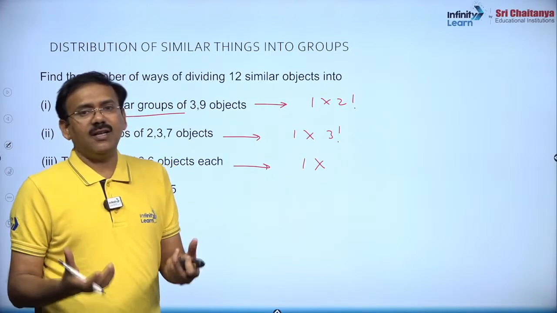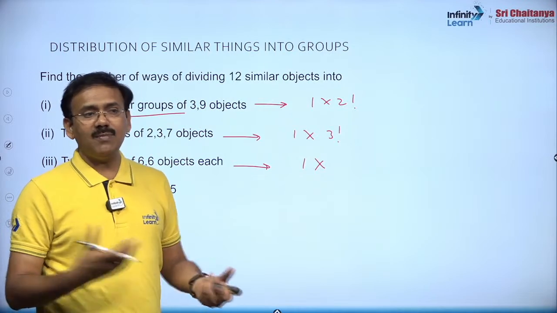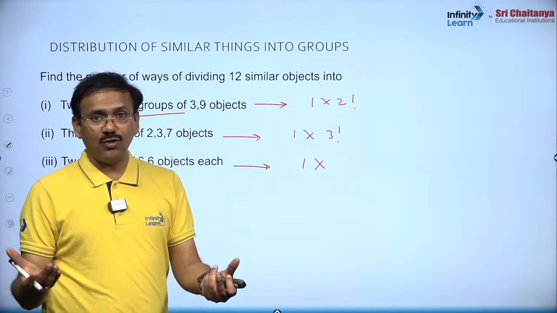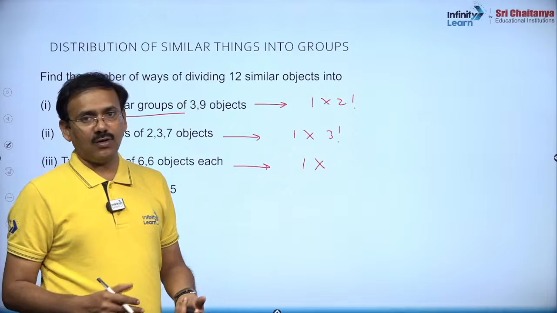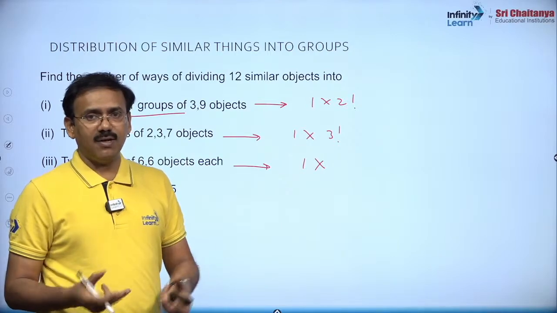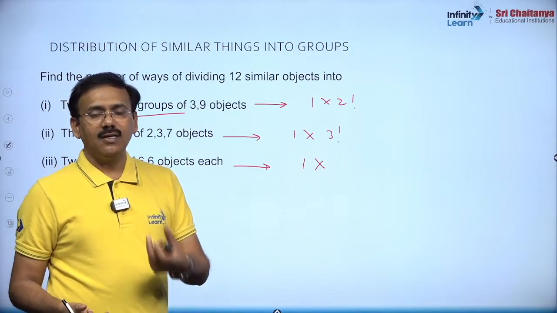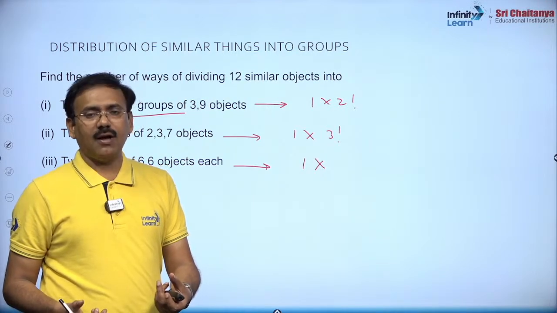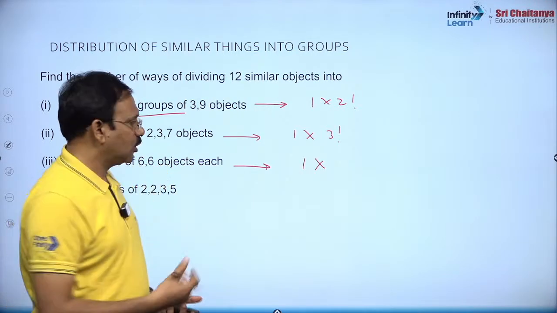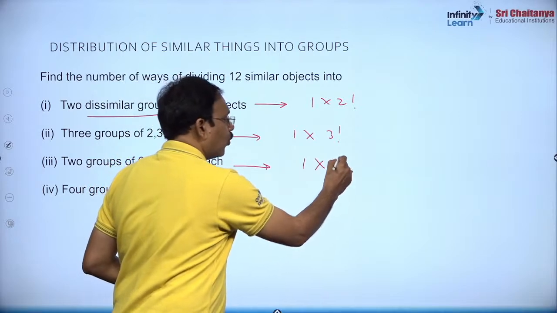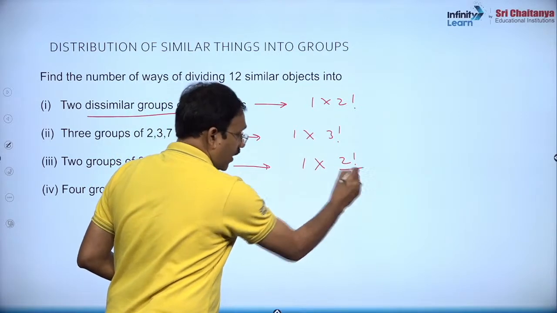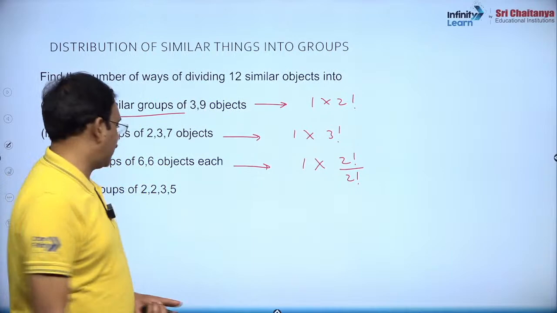The next, my dear friends, 6 objects is, division is one way, but these 6 and these 6 are also identical now. Suppose dissimilar items 1 to 6, 7 to 12 are dissimilar, so 2 factorial. Even though boxes are dissimilar, the items are identical. 6 items of same color and same size, here 6. So 2 identical ways, you won't get 2 factorial. 2 factorial by 2 factorial you will get, my dear friends.